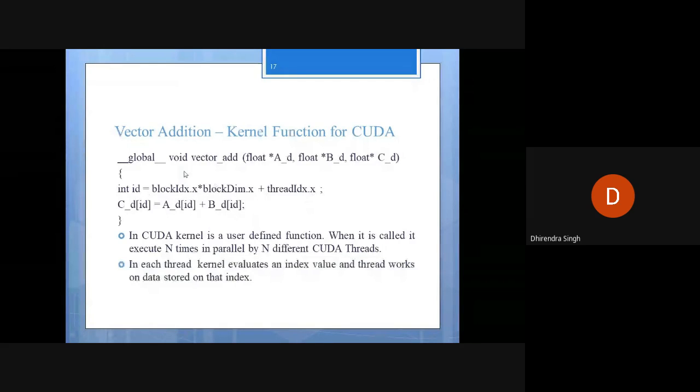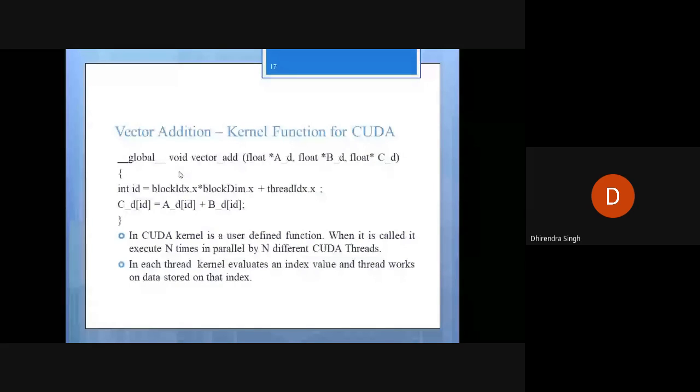For that purpose, like I have already told you, I will talk about that in detail when we talk about the CUDA programming model. You are going to create multiple threads. A group of threads is arranged into what is called a block, and then blocks are grouped together into what is called a grid.